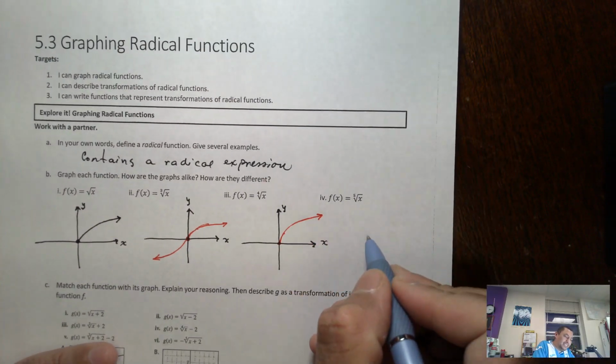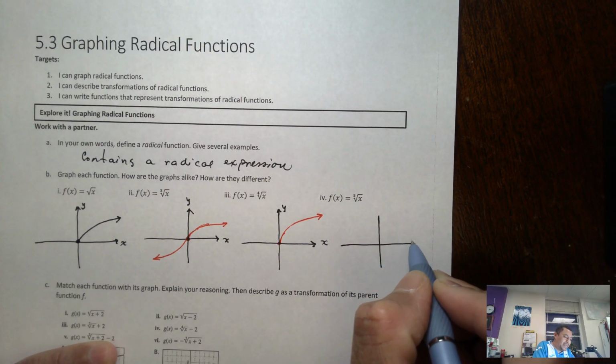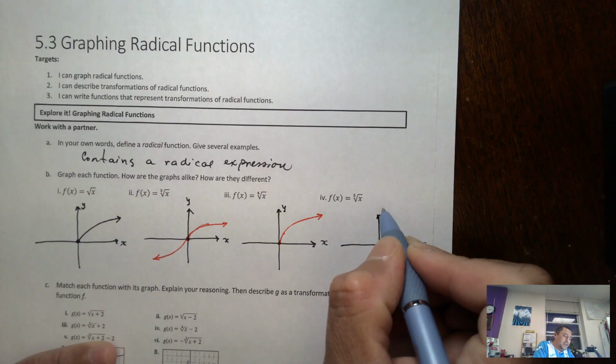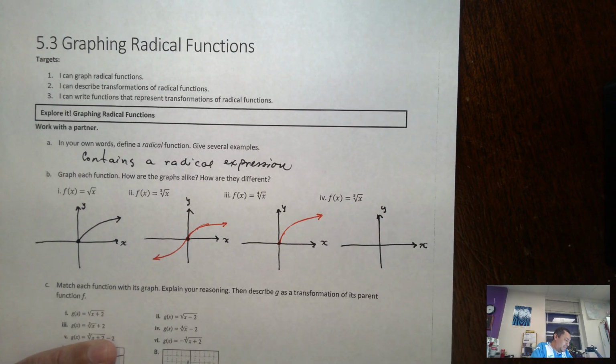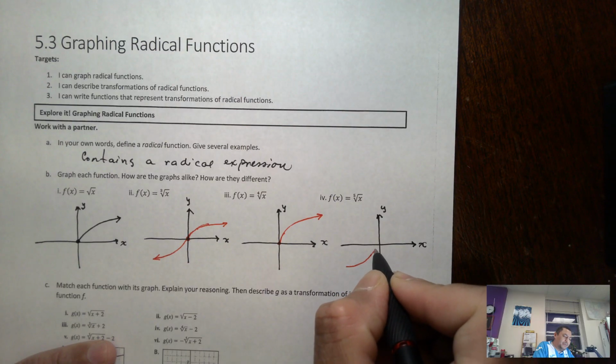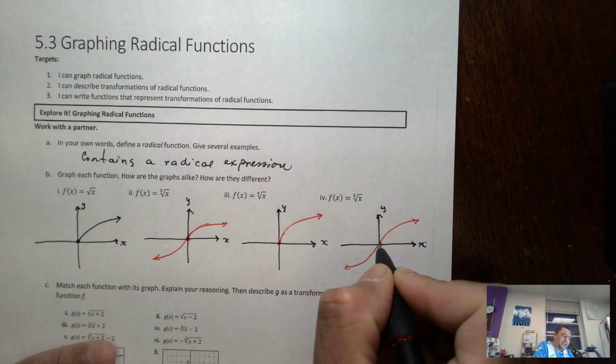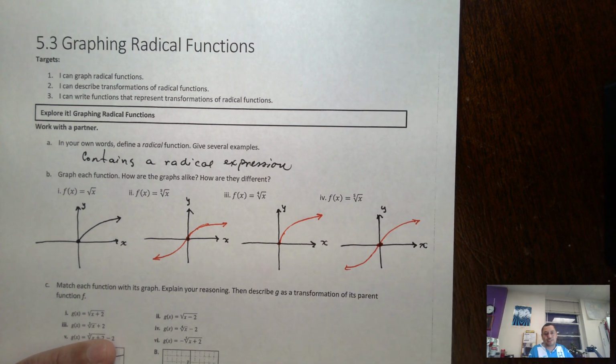And finally, the fifth root of x is again similar to the cube root. It's coming from the negative part of the quadrant, goes to the positive, and goes through 0, 0, just passing a little bit.